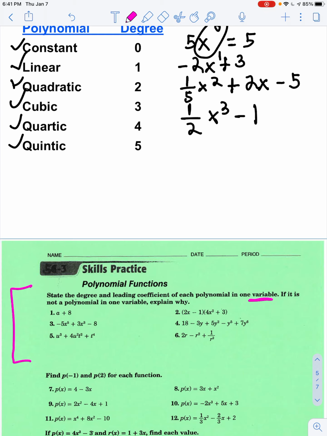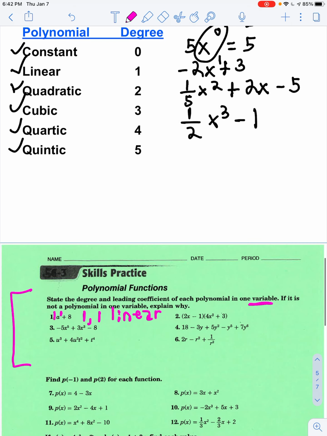And that means that we can identify the degree as 1. That's the degree of the largest term, and the leading coefficient is 1. And we would refer to this as a linear function. Number 2, we get to multiply.